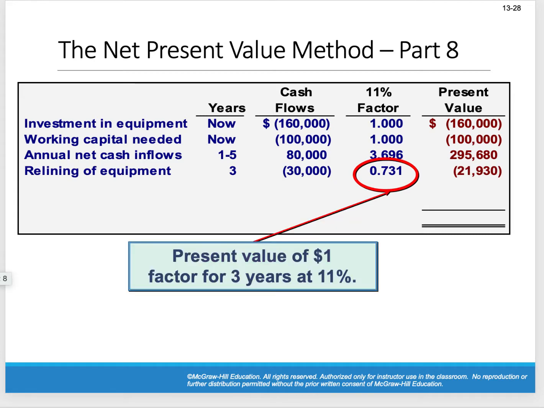Then we do the realigning of equipment, right? It happens once. In year 3, we have to shell out $30,000. Well, $30,000 3 years from now, that's great. How much is it worth today? Guess what we do?